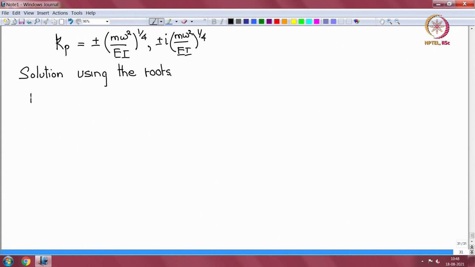So, I had W of x comma t given by b e to the power of j omega t minus kp, let us say I take the plus value and I will call it phi, so phi into x.